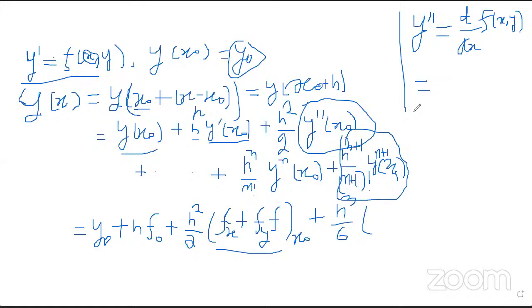Y triple prime is equal to d by dx of y double prime, d by dx of fx plus fy f. So just quickly calculate that, and simplify fxx plus fxy.